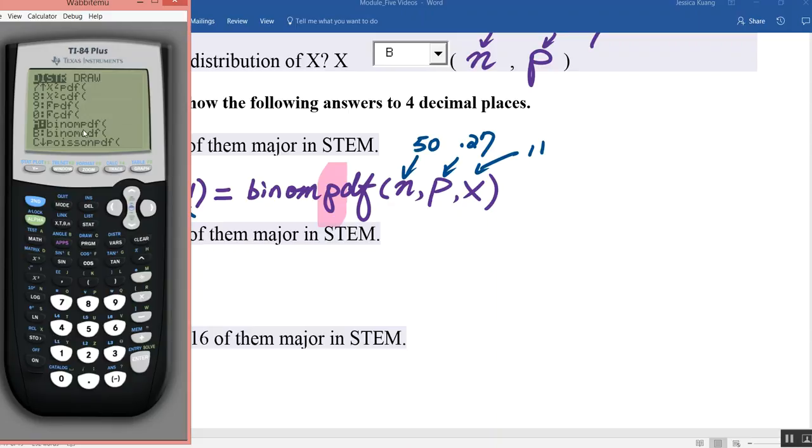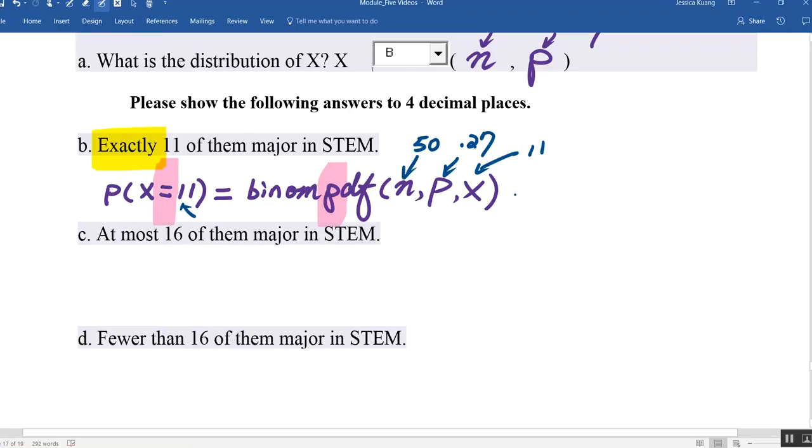It makes a huge difference, and you will see that. So binompdf(50, 0.27, 11). Close the parenthesis and enter, and that is my probability.